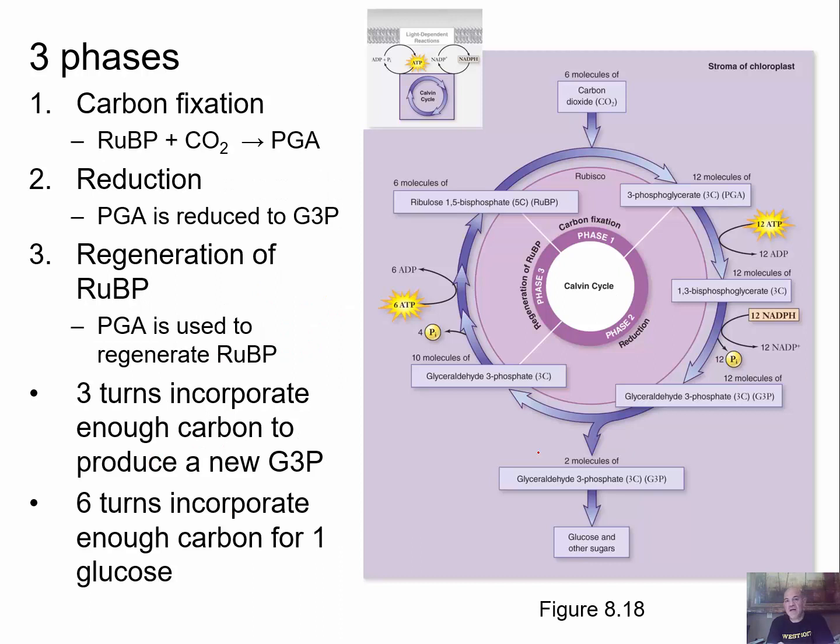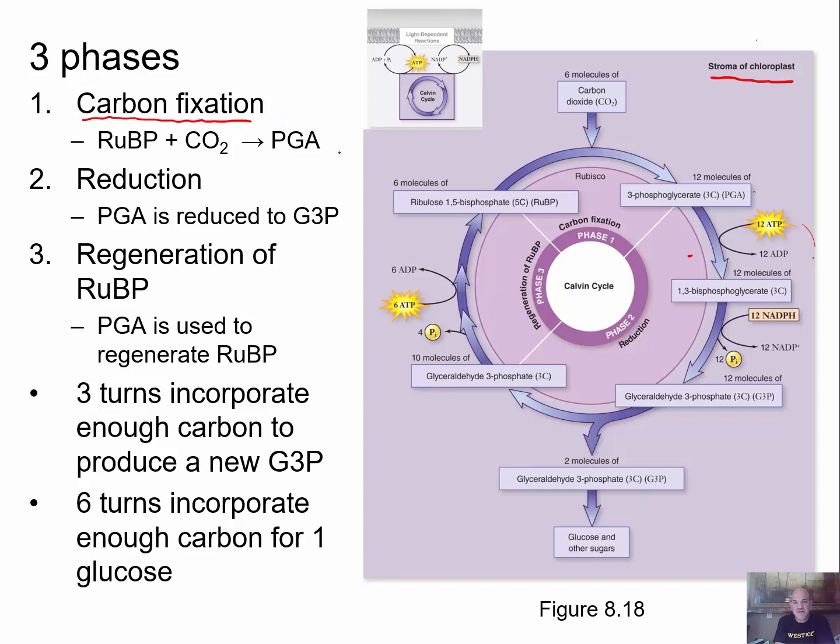So overall, if we look at the right, we have our reactions, and these are going to occur in the stroma. These are not going to be in the thylakoids of the chloroplast. This is going to be in the stroma, or the fluid-filled space surrounding those thylakoids. And there are 3 phases.